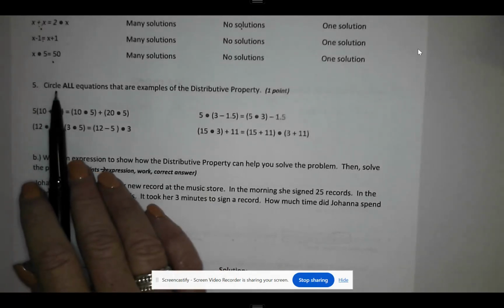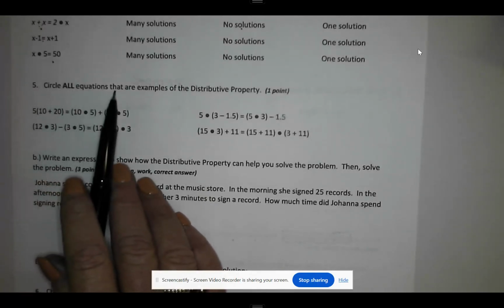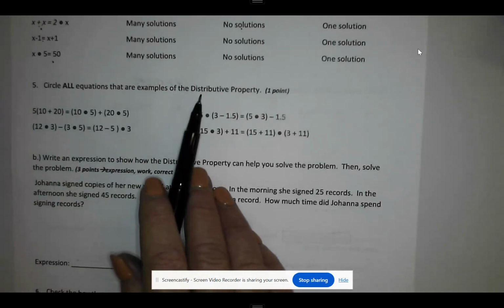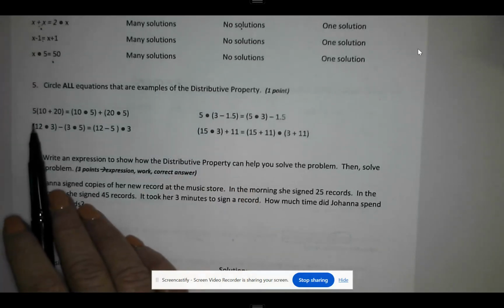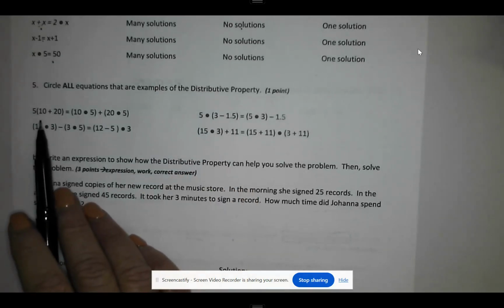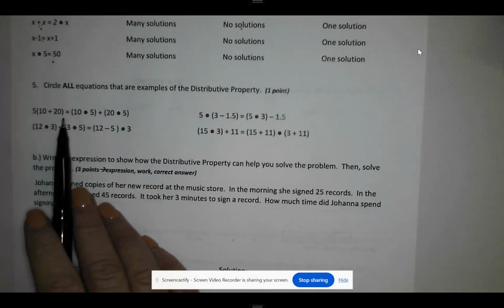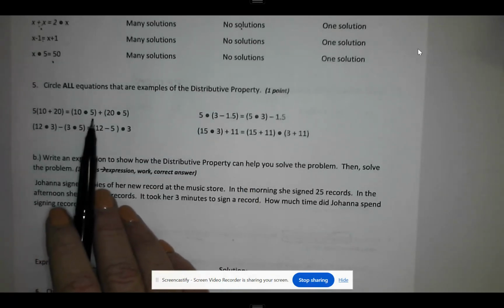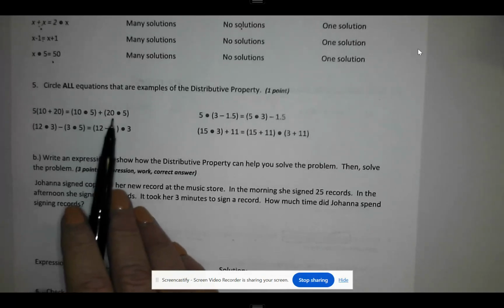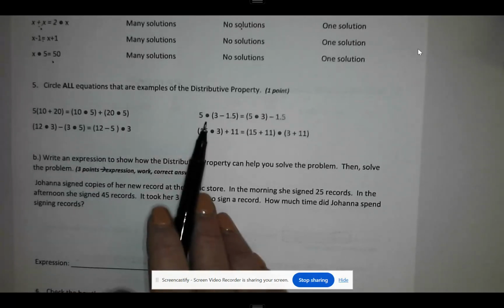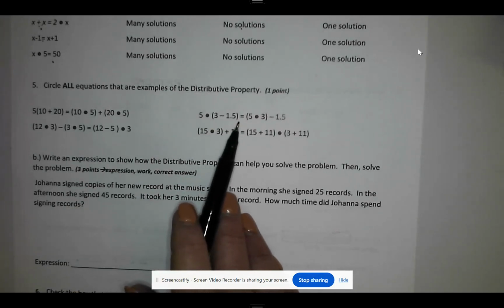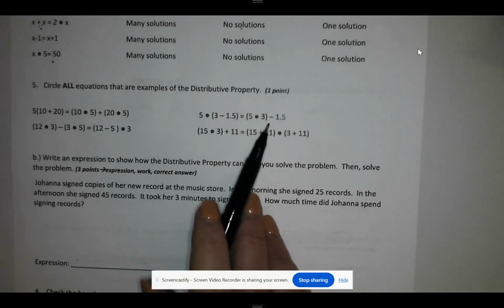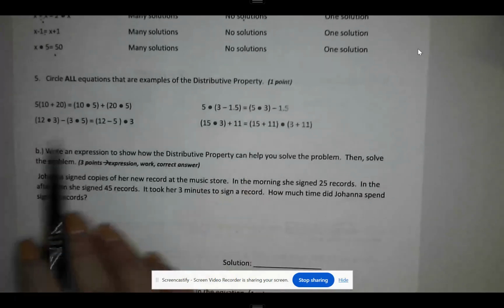Number 5 says circle all equations that are examples of the distributive property. First equation, 5 times the quantity, 10 plus 20 equals 10 times 5 plus 20 times 5. Next one, 5 times the quantity, 3 minus 1.5 equals 5 times 3 minus 1.5.